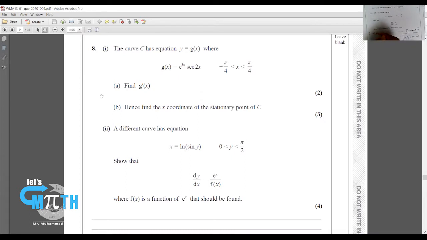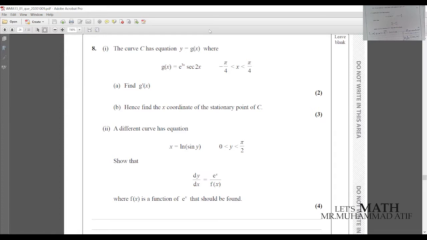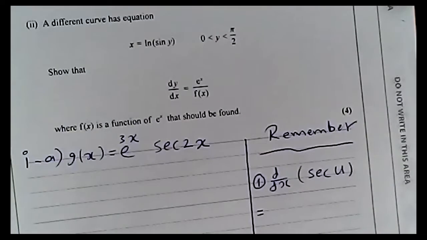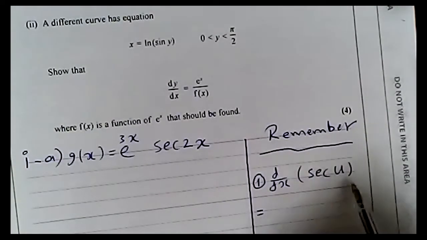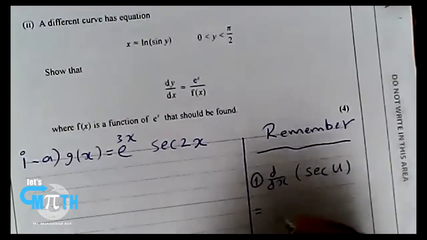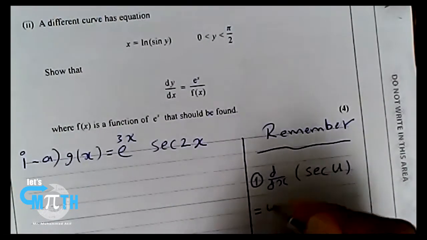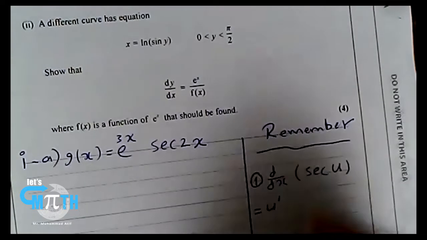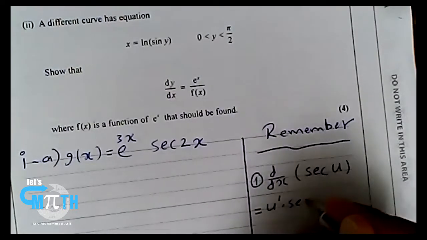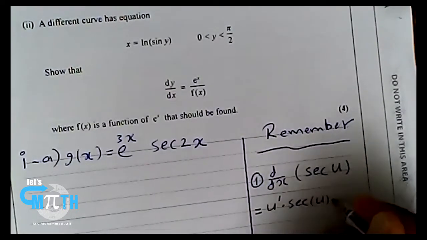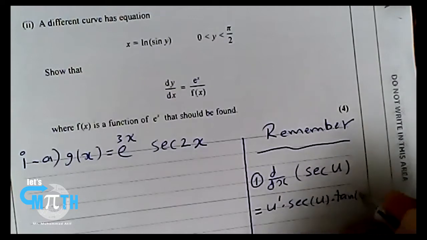It's g of x equal e power 3x sec 2x. Remember the derivative of sec: sec of any angle like u has a derivative u dash, the derivative of the angle itself, times sec of the same angle times tan of the same angle.